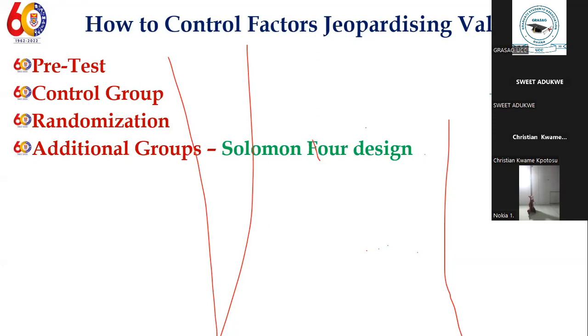And in this case, the Solomon 4 group design becomes very important, because in the Solomon 4 group design, there are cases that you don't even collect pre-test data. So the pre-test data you collect in some experiments, you are already controlling them in another group so that you can now get the true validity of the experiment that you are introducing.